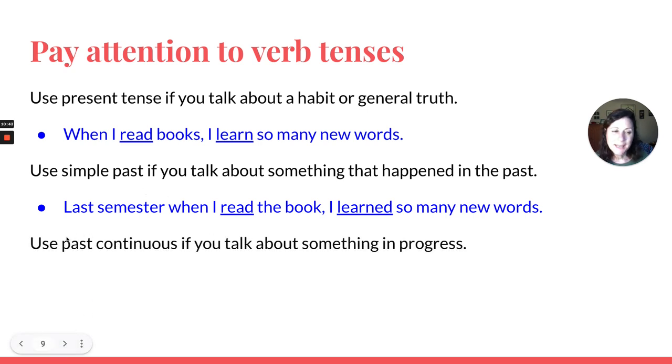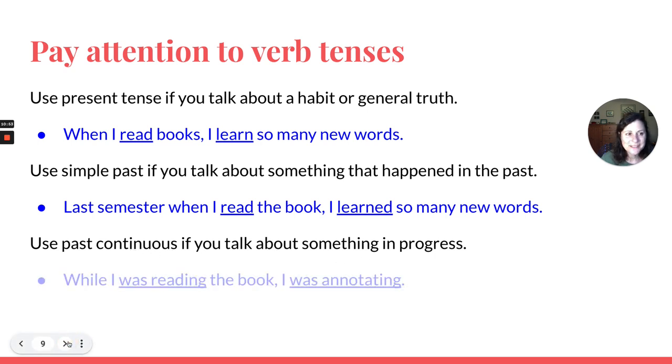Now, sometimes with these adverb clauses, we use past continuous. And we use that type of verb if you talk about something in progress in the past. For example, while I was reading the book, this here, it was in progress. It was in the process of happening. I was annotating. So these two things, they're not finished.